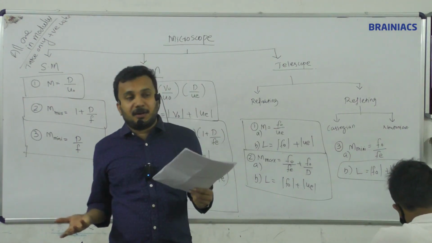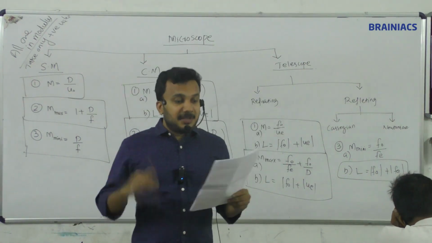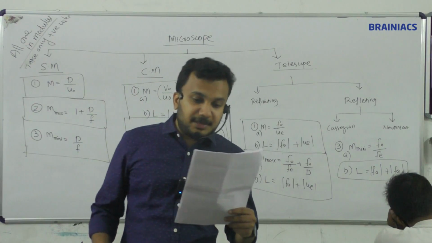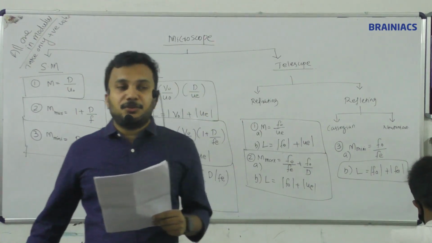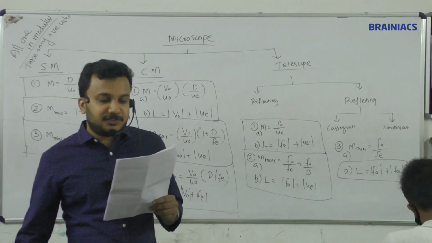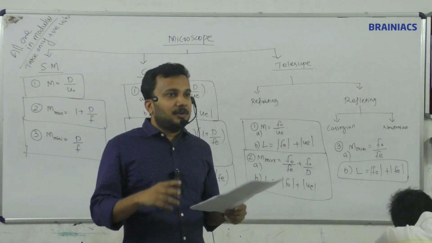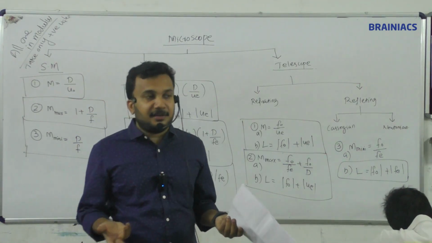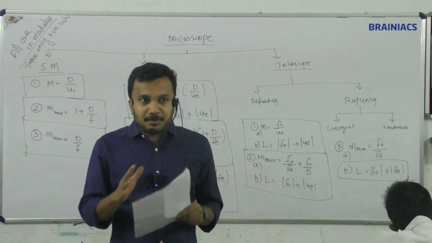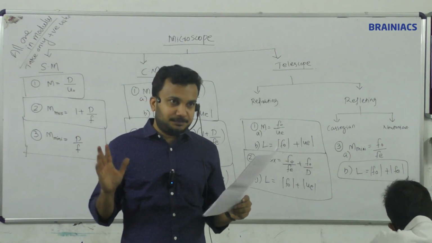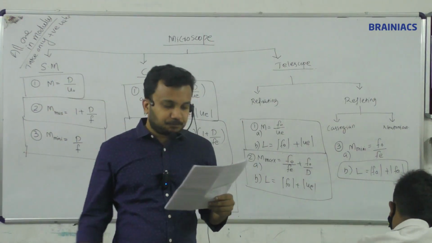When the deviation is split equally across the two surfaces of the lens, the aberration is minimum.